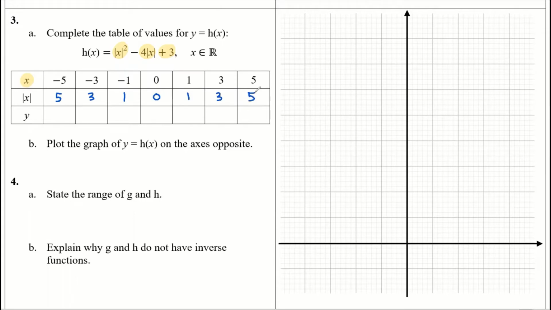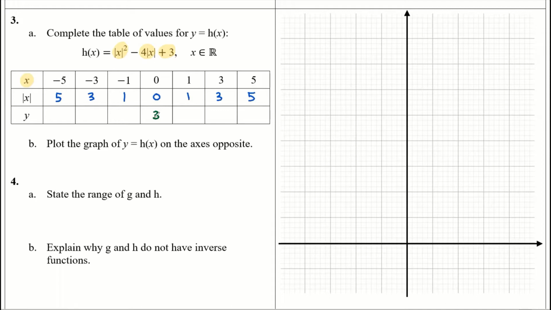Okay. Now then, if we just do the positive part first, for the y values, I'm going to start at when x equals 0. When x equals 0, the y value is just going to be 3. Okay, unaffected by any of the modulus stuff. When x equals 1, again, the modulus has no effect.